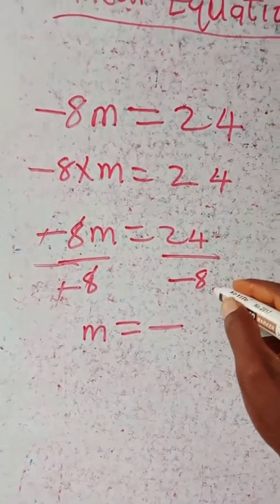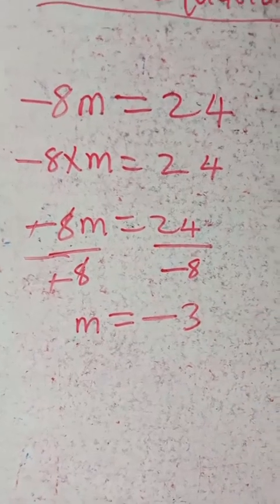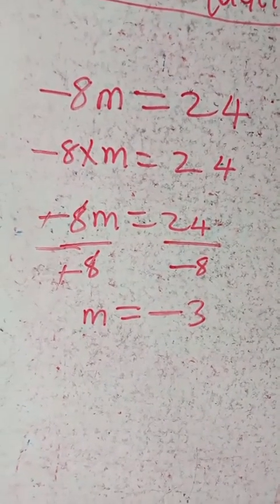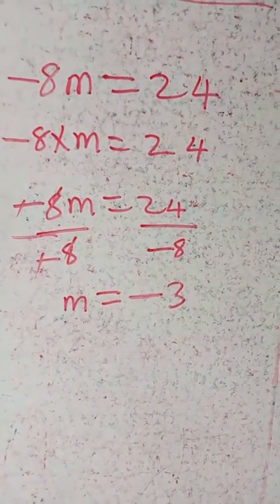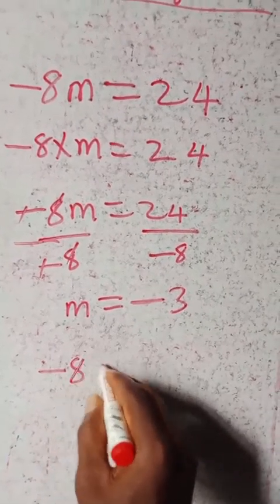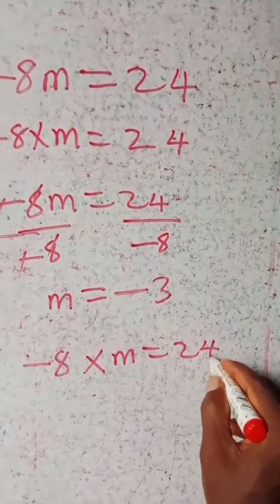And 24 divided by 8 is what? 3. So m is equal to what? Minus 3. Okay, now let's check if it is true that minus 8 times m is equal to 24.